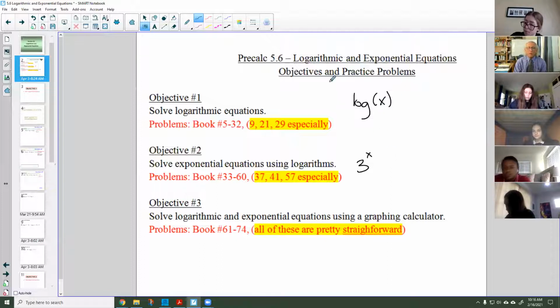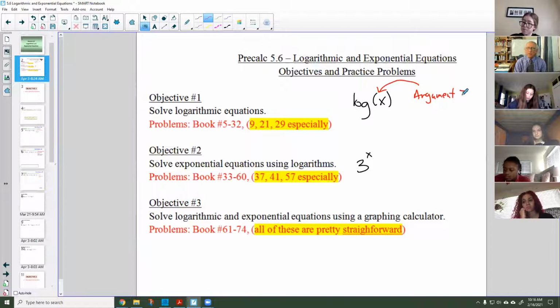For one thing, we know that there's a domain issue with logarithmic equations. The argument of a logarithm has to be greater than 0. But for an exponential equation where the variable is an exponent, the domain is negative infinity to positive infinity.